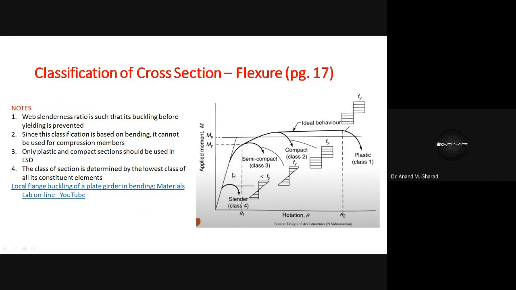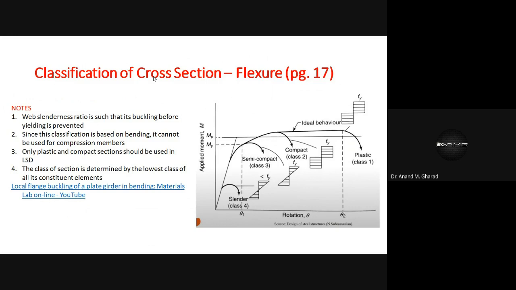But while defining this classification of cross section, first and foremost you should remember that it is not the type of shapes. I am repeating, it is not the types of shape, क्योंकि इस पे क्वेश्चन पूछा जाता है. It may not be only written, it may be oral also, that is viva voce.